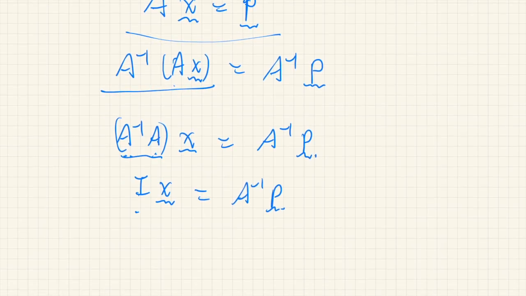But identity matrix times a matrix is equal to this matrix, so I times X is just equal to X.